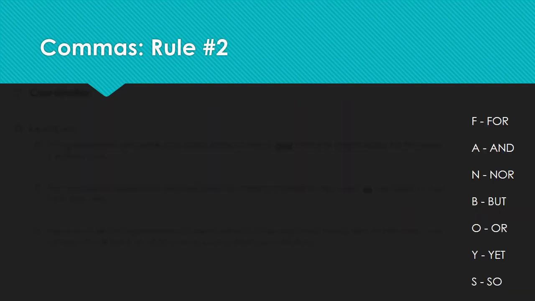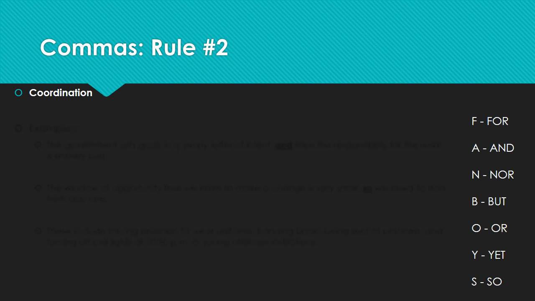The second comma usage rule has to do with coordination, and specifically coordinating conjunctions. If you're not familiar with the term coordinating conjunctions, they're simply the words we use to connect clauses and ideas, and you'll see them on the right-hand side of this slide. The acronym FANBOYS contains the coordinating conjunctions for the English language.